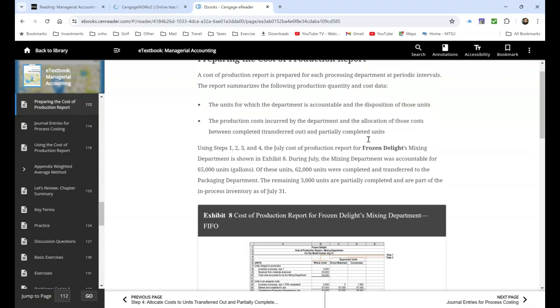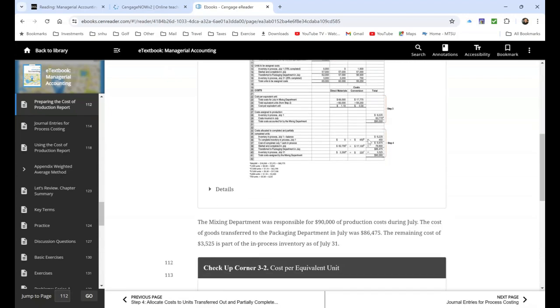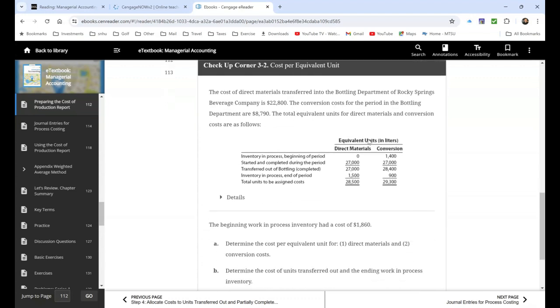But basically, here's the production report, but the important part is that you're going to assign cost of direct materials at the beginning, one for one, and the labor and the overhead is going to be assigned based on equivalent units. And with that information, you should be able to do all of the calculations.